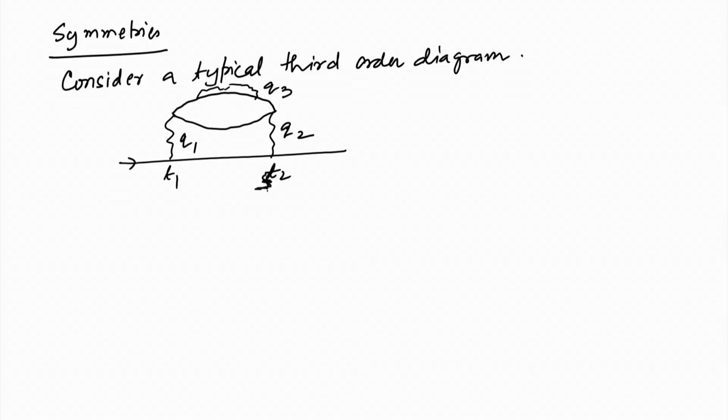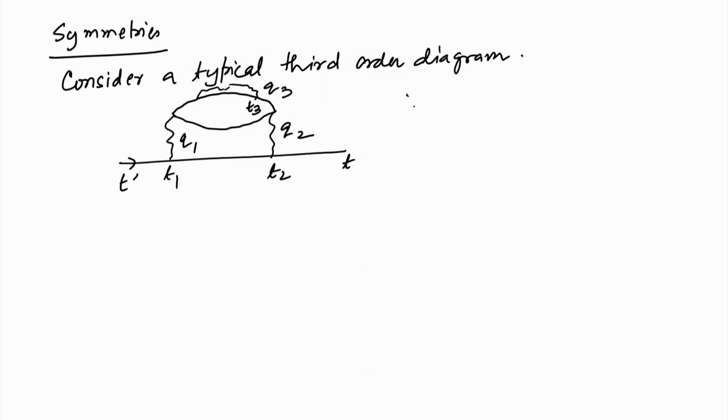And then there is a T prime, and then there is a T. So, that is a typical diagram. Then there is a T3 here. Now, if we permute between T1, T2 and T3, they give rise to the same diagram. So, we will have 3 factorial such diagrams.